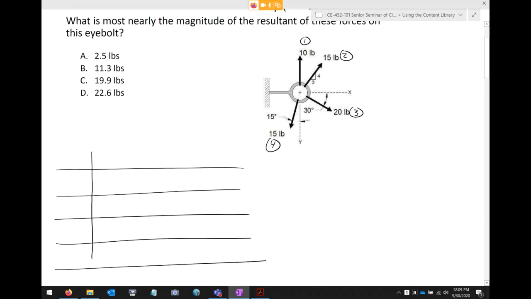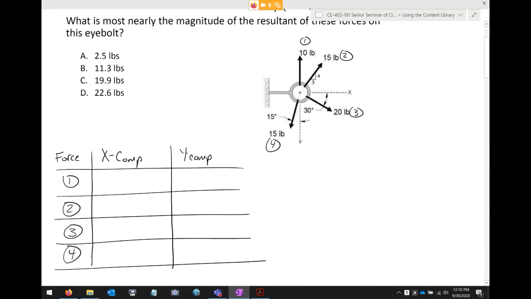So we'll say force 1, 2, 3, 4, and then the x component, and then the y component.